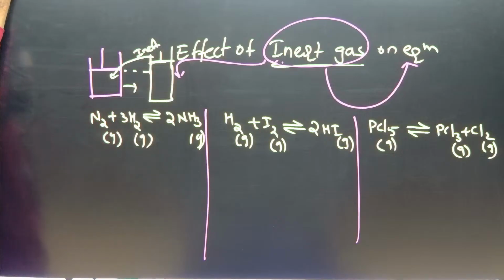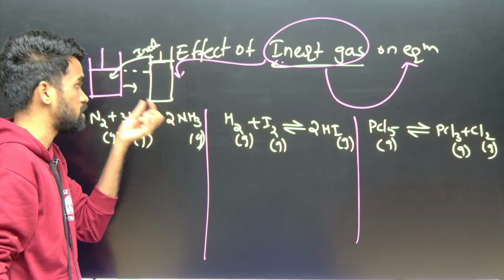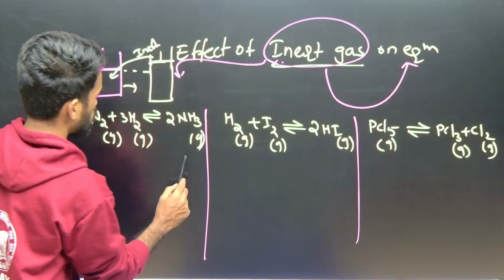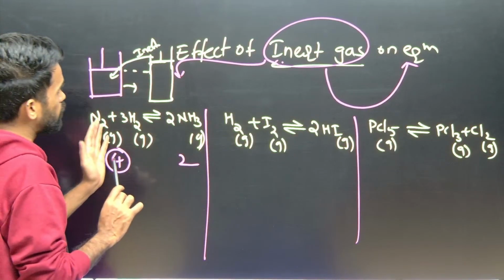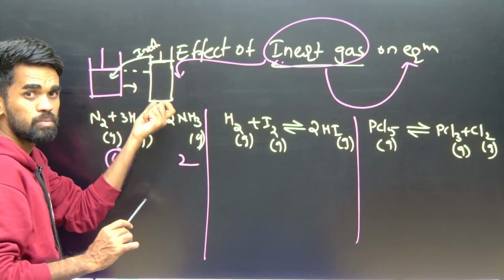By this, the number of reactant and product molecules present in unit volume decreases. Initially here the products are 2 but the reactants are 4. When we increase the volume, the number of reactants and products in unit volume decreases.